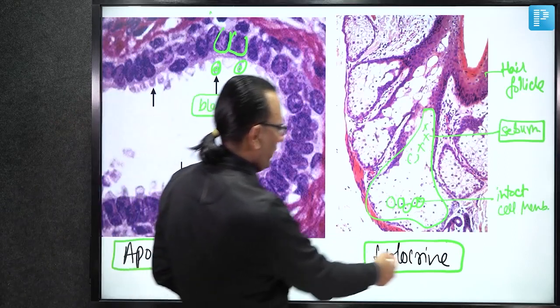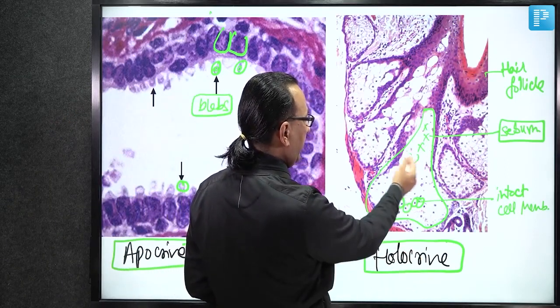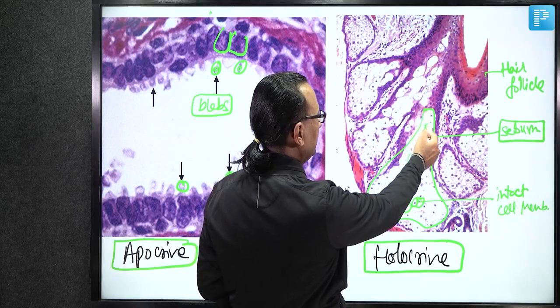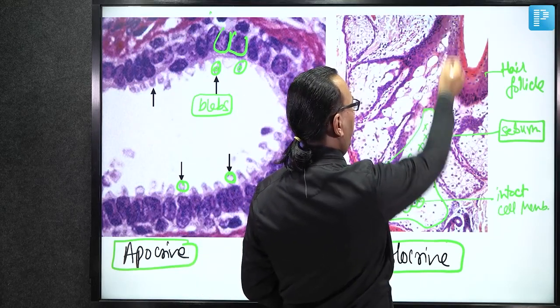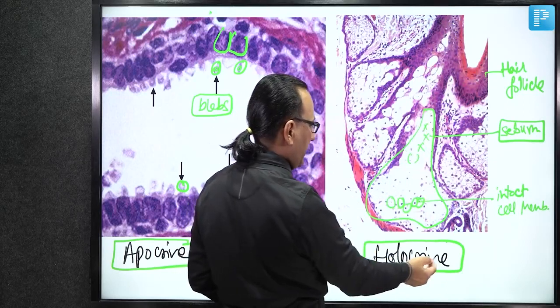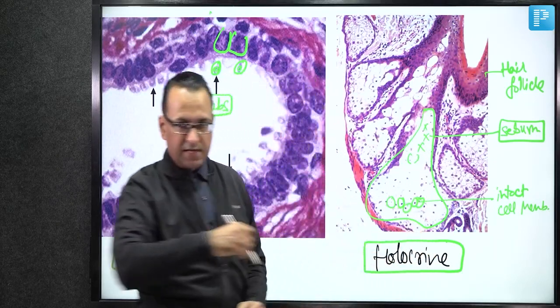So in the holocrine variety, the whole of the cell membrane and the organelles are broken to become the secretion, the sebum, which is then poured into a duct along with the hair follicle, and this is what we call a holocrine gland. Let us draw these diagrams ourselves as well now.